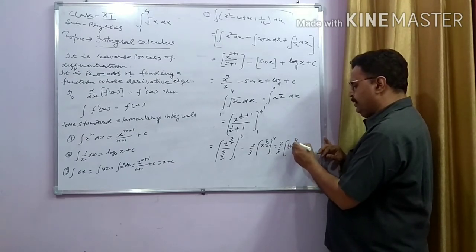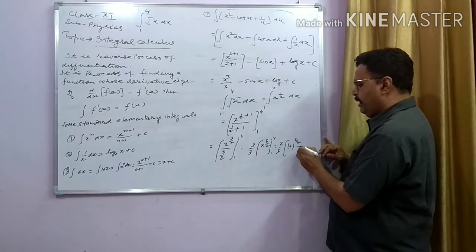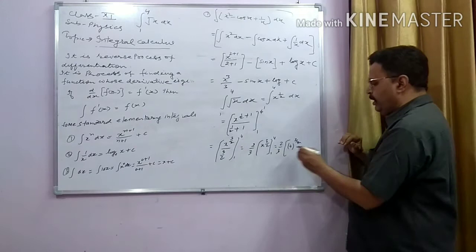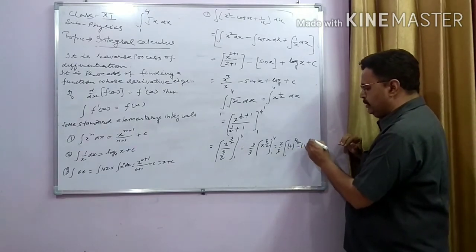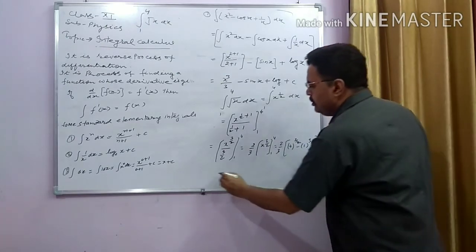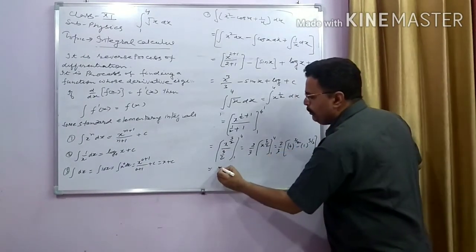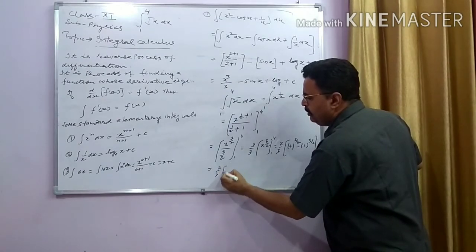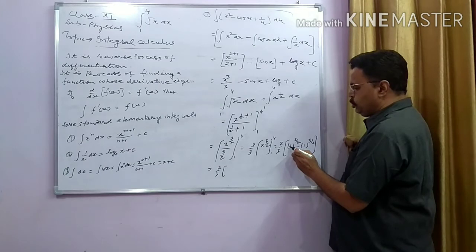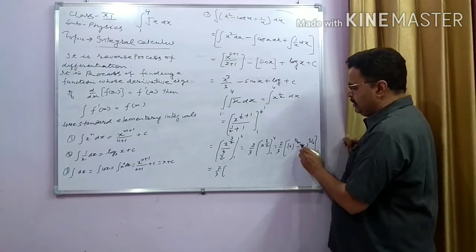put your upper limit, that is 4 raised to power 3 by 2, minus the lower limit, which is 1, so 1 raised to power 3 by 2. Now we can solve further. 2 upon 3, this 4 can be written as 2 square, and the power 2 and half can be cancelled.